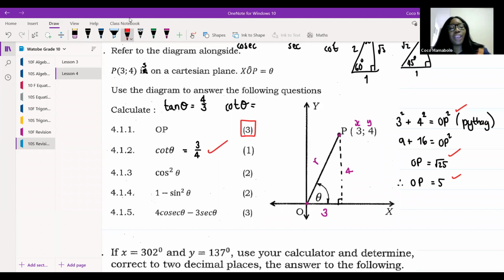I want you guys to figure out the cos squared of theta for me. Go ahead and do 4.1.3. Remember, when we see the cos squared of something, we're going to figure out the cos of the angle, and then whatever answer we get, we're going to square it.